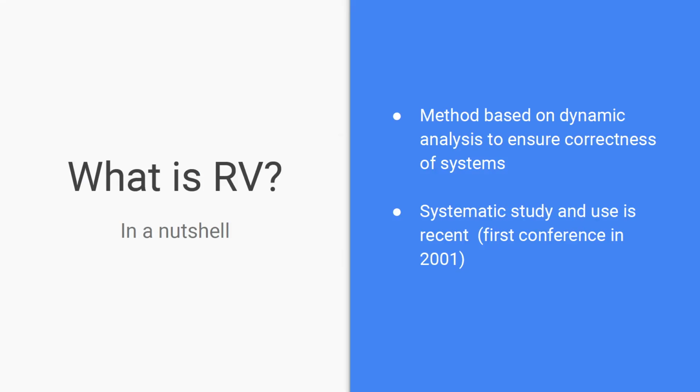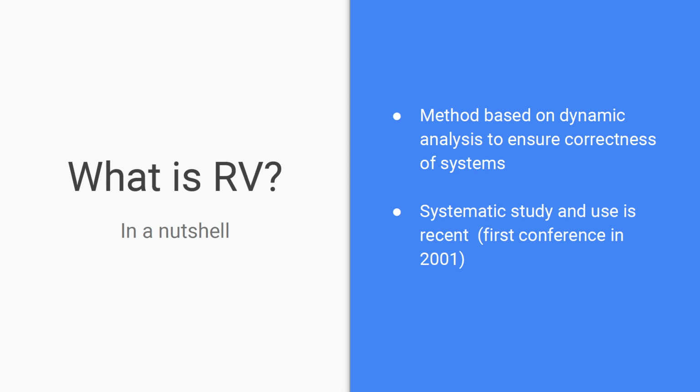Okay, so let's start. What is runtime verification in a nutshell? Runtime verification is a collection of different techniques based on dynamic analysis to ensure correctness of a system, that is, to ensure that some good properties of the system are verified.